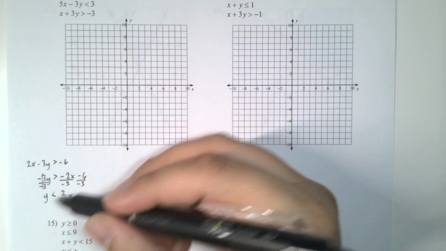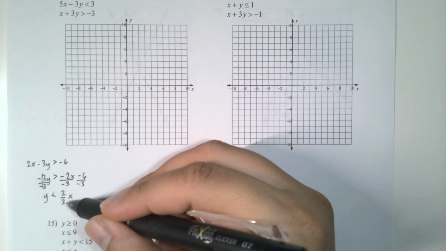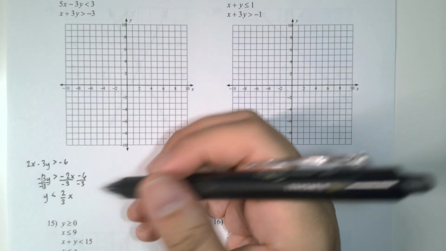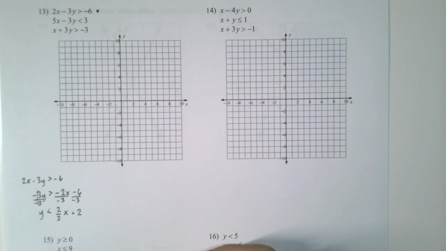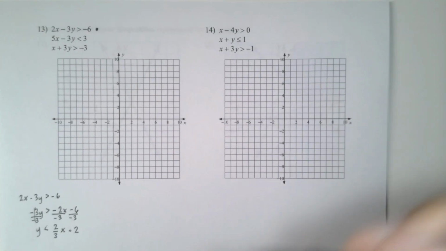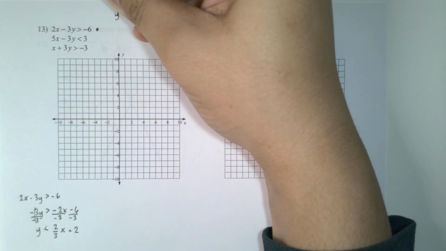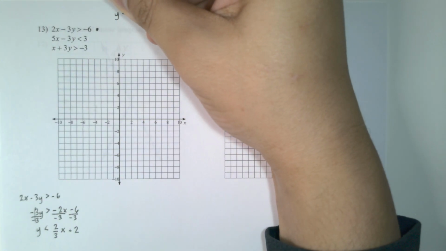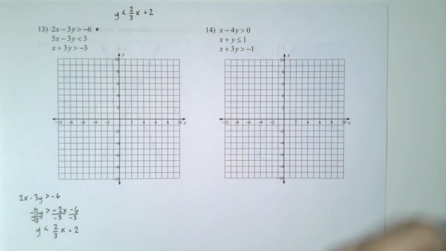So the -3's cancel, we get y. We have -2 over -3, which is going to be positive 2 over 3. And then we have -6 over -3, which is going to be plus 2. Now we're ready to graph that. And I'll write the inequality up here. So really we have y is less than 2 over 3x plus 2.